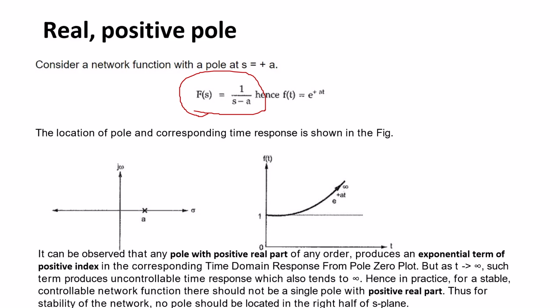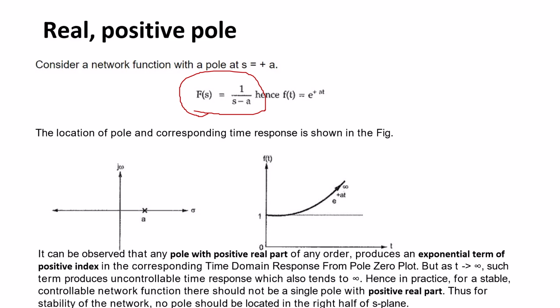From here we can see that if we have real poles located in the negative half of the s plane, the system response in the time domain is stable. Whereas if we have a positive real pole, the system response goes towards infinity, which implies the system will be unstable.